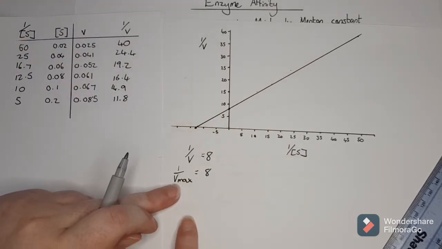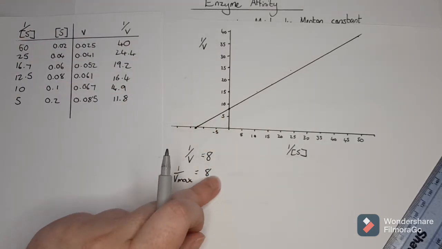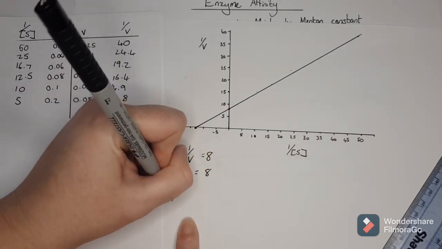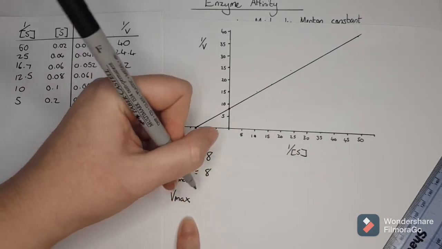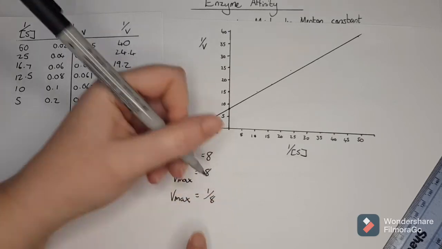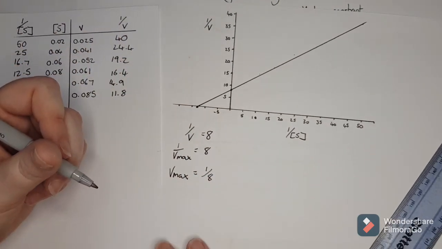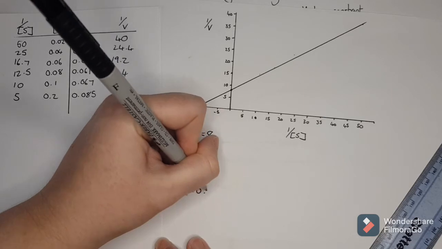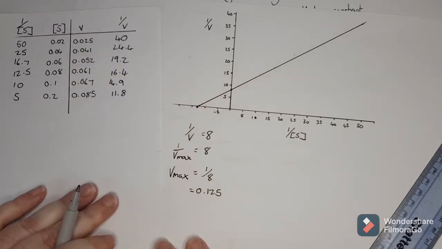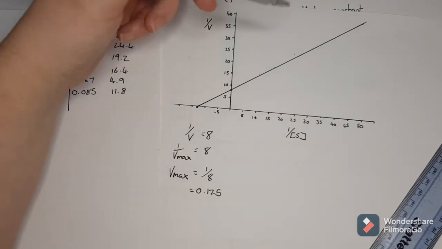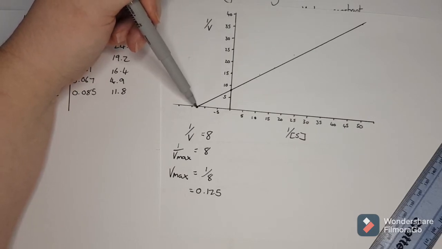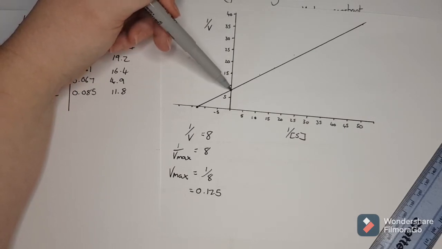I want Vmax by itself, so I can take the 8 and swap places. So Vmax equals 1 over 8, and when you type 1 over 8 into your calculator, you get 0.125.